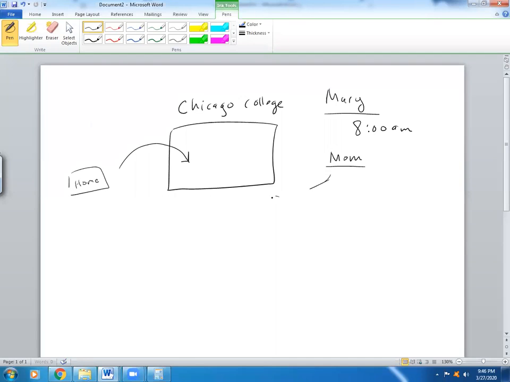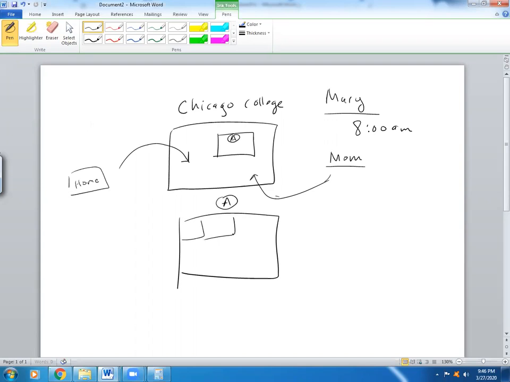Does her mom know exactly where she is inside the college? Well, let's say she knew that this college has multiple buildings. Let's say she knew she's in building A. Fine. But then even building A itself has rooms inside it. So she wouldn't even know the classroom.